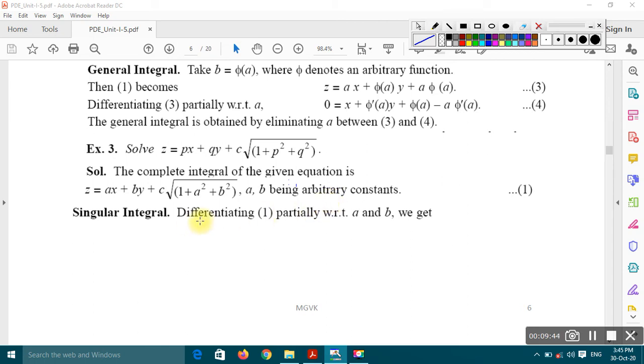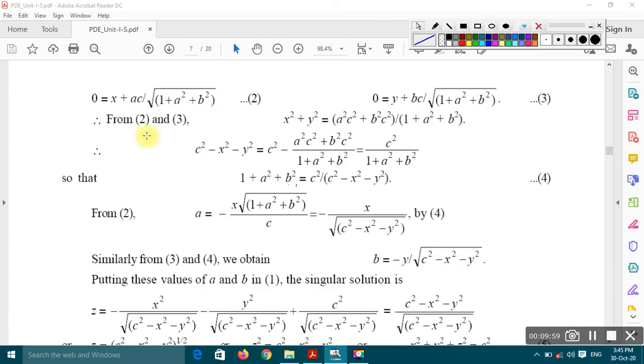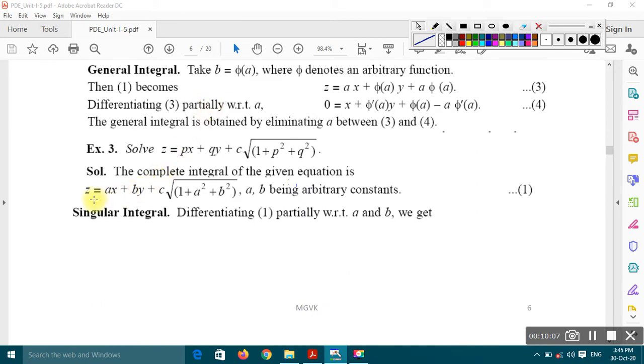Now we find the singular integral of the given differential equation. So we differentiate this equation number 1, z is equal to ax plus by plus c under root 1 plus a square plus b square, with respect to a and b partially. We get 0 is equal to x plus ac upon under root 1 plus a square plus b square. Look at this. If we partially differentiate with respect to a, then the partial derivative of z with respect to a is 0. The partial derivative of ax with respect to a is x. The partial derivative of by is 0 with respect to a.